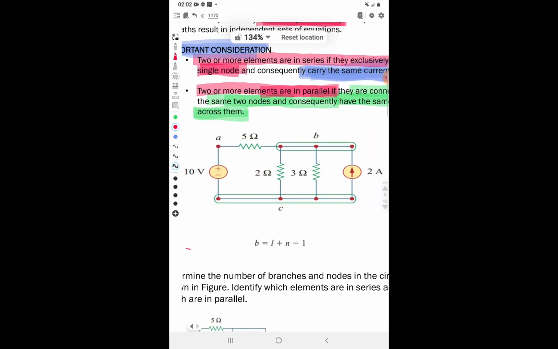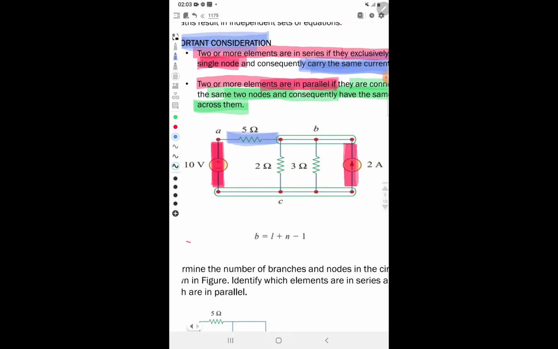For our active elements, we have a 10 volt independent voltage source and an independent current source of 2 ampere, which are connected. The 10 volts is connected in series with our 5 ohm at node A. Okay, so this is our connection.